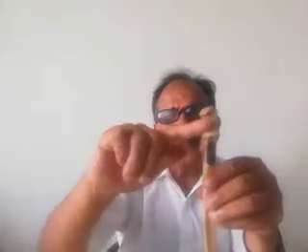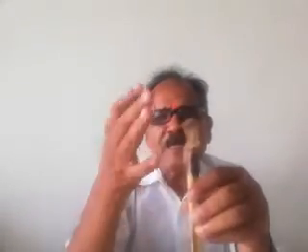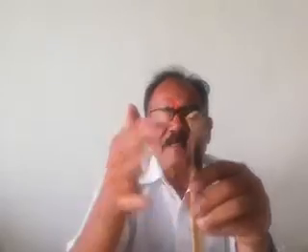Superior surface, anterior surface. This one is the trochlear notch for articulation with the pulley-shaped trochlea. The upper half of the trochlear notch is made by the anterior surface of the olecranon process. Superior surface, anterior surface, then lateral surface, then medial surface and posterior surface. This is the posterior surface.